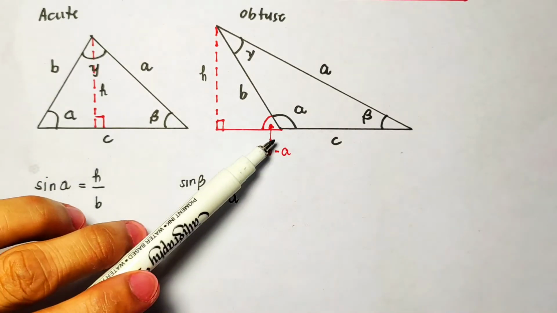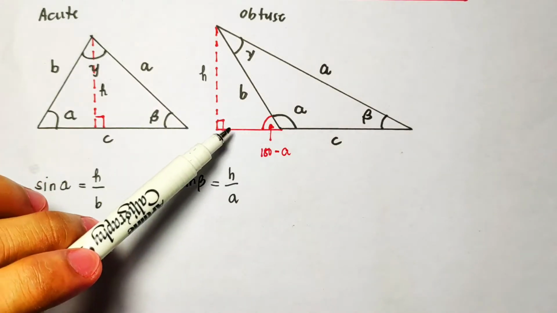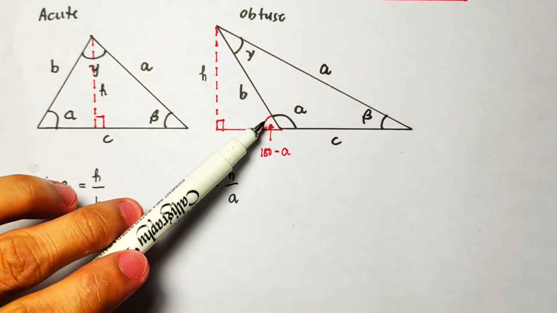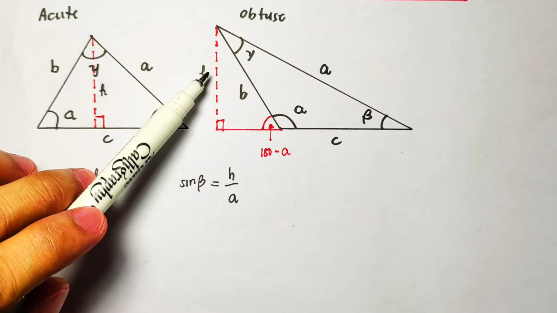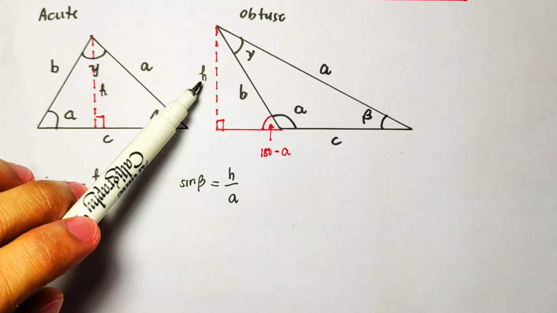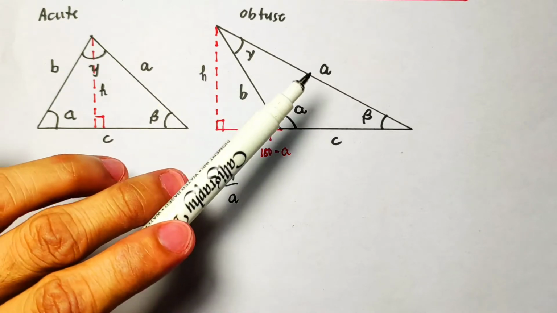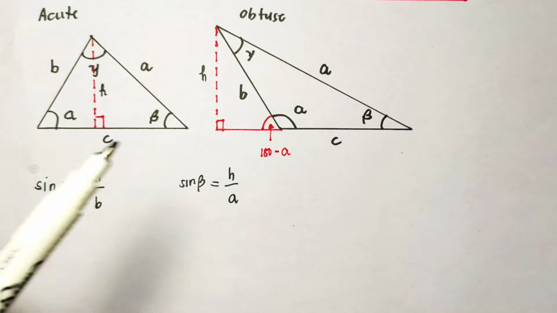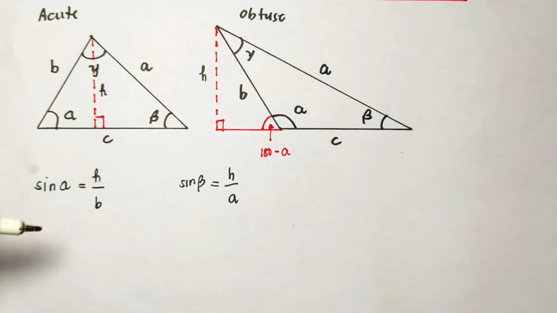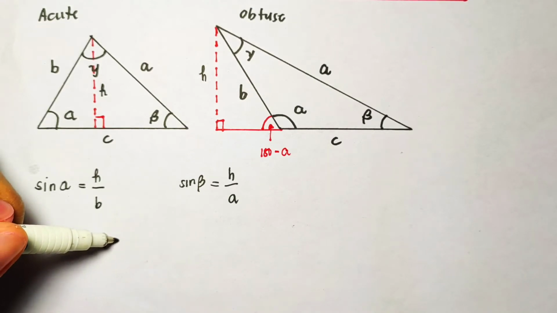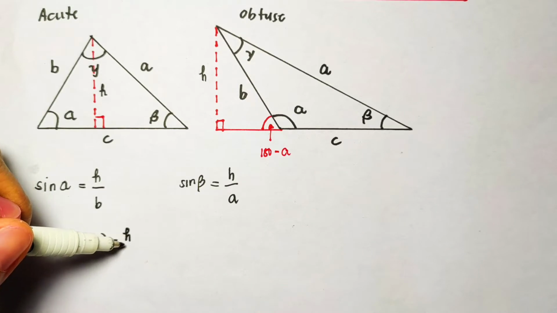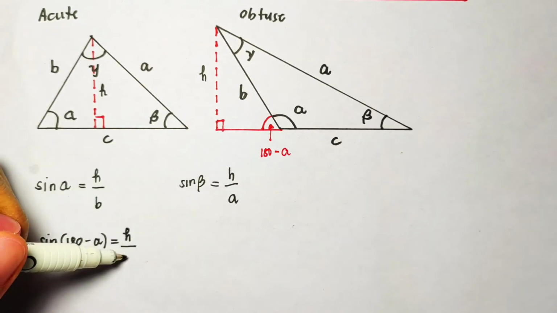We can also say that from this right triangle, sine of 180 minus alpha equals the opposite, which is h, over the hypotenuse B.